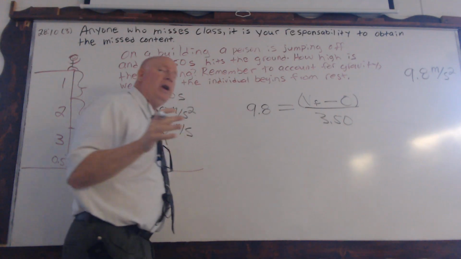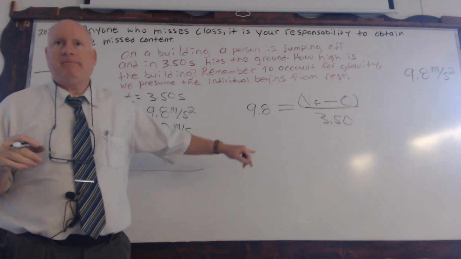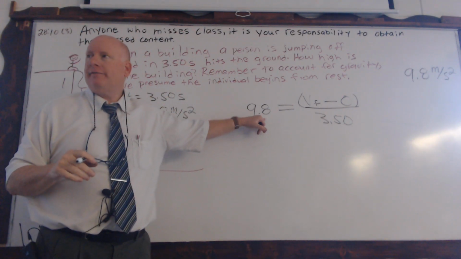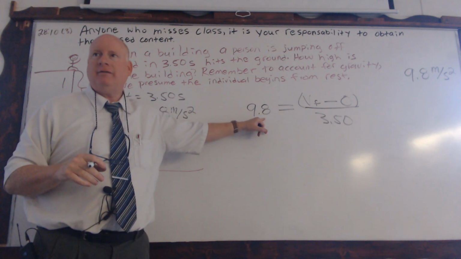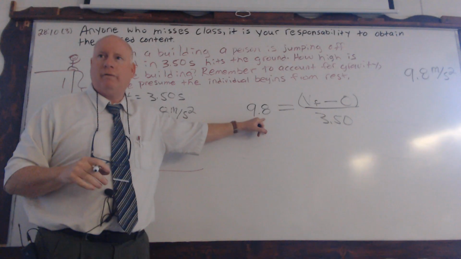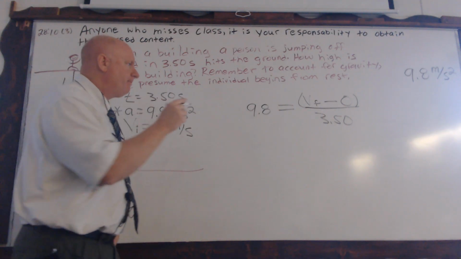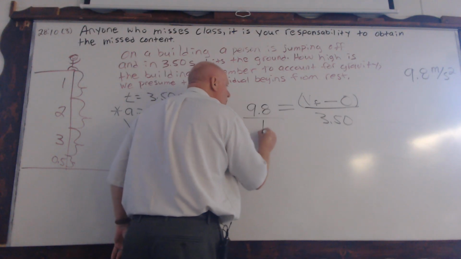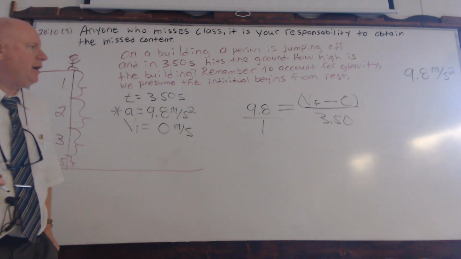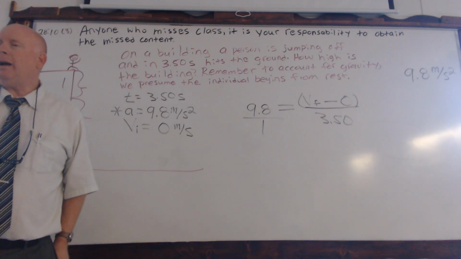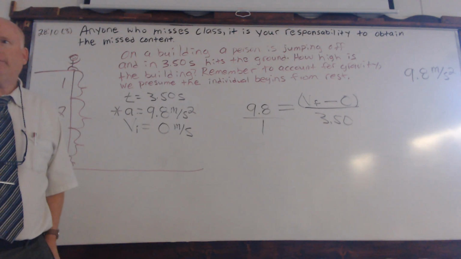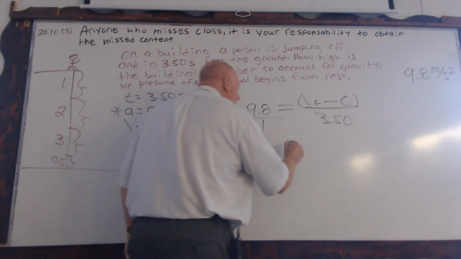So a good way of illustrating that is put a fraction over here. And what would that fraction be? 9.8 over 1. Okay? We have not changed that 9.8. So what is 1 times VF? VF.